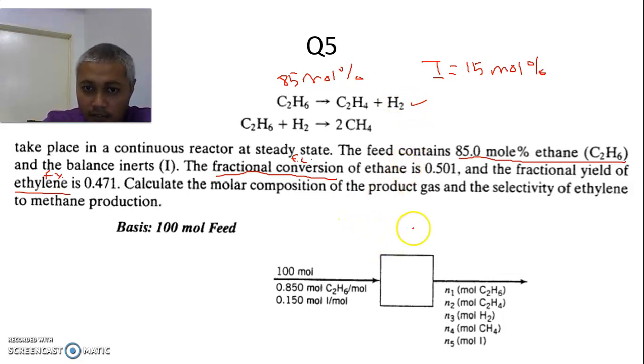And then the final state will be N1, which is C2H6. We will have C2H6 left, and C2H4 from the first reaction. Then we will have H2 from the first reaction, CH4 from the second reaction, and inert.